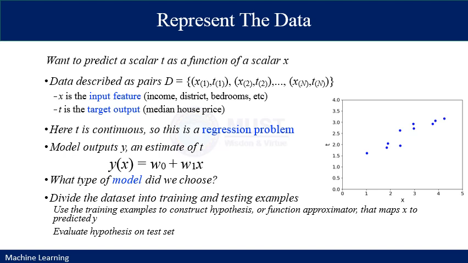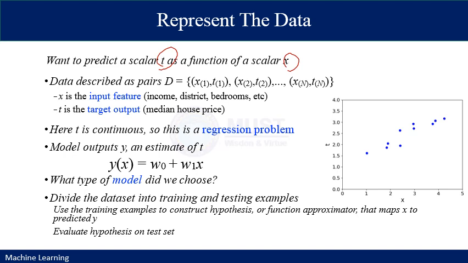So once you have the data, the next task is to represent the data. In the regression case, we want to predict a scalar value t as a function of some input feature vector x. So data is described in pairs which contain input feature vectors and target values.